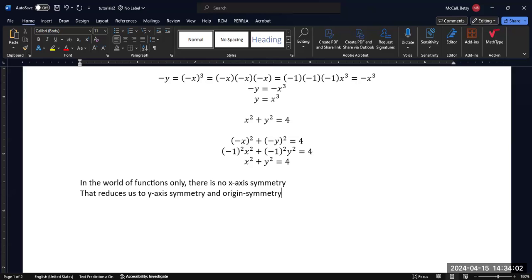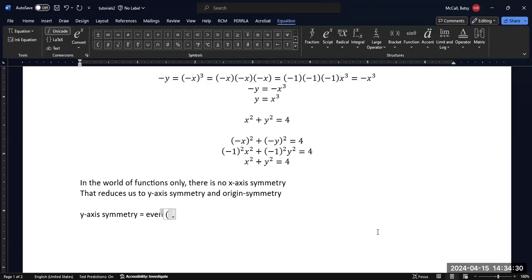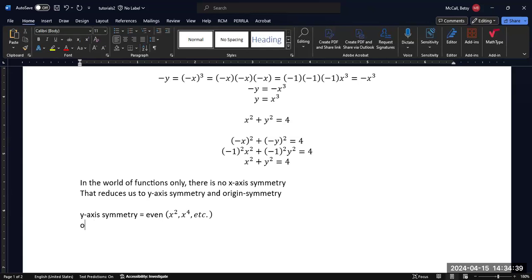Now, because there's only two of them, and it turns out that there's a relationship between, for instance, the degree of a polynomial and whether it's origin or y-axis symmetric, we refer to y-axis symmetric functions as even, because functions that have this property are things like x squared, x to the fourth, etc. And origin symmetry are referred to as odd functions.